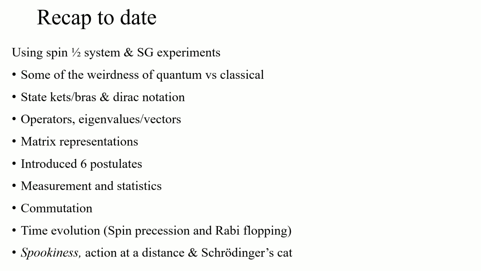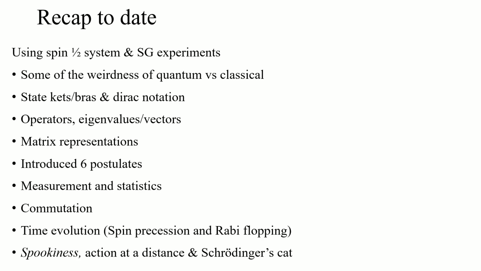We also talked about measurements and how they collapse into one of the basis states after a measurement. We looked at commutation and compatible observables, and then finally finished up with time evolution. We used the example of spin precession and Rabi flopping, basically Schrodinger's equation, and solved that.